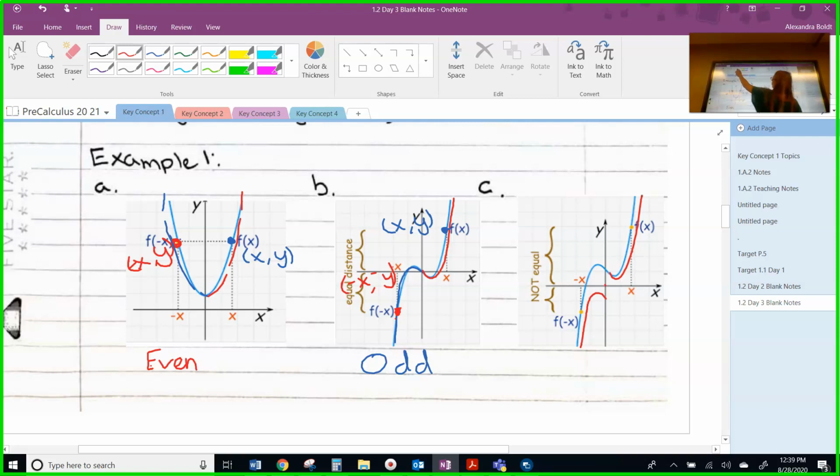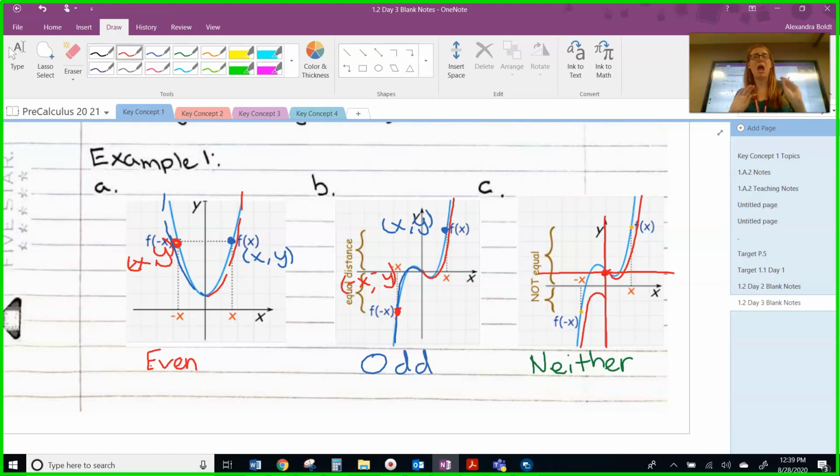So this is a function that's neither. It does have symmetry, but it's like 2 lines of symmetry, like the y-axis, and then up here, and that's not the origin. So that's the difference with neither. Or if they're not symmetrical in any way at all, then it's also neither.